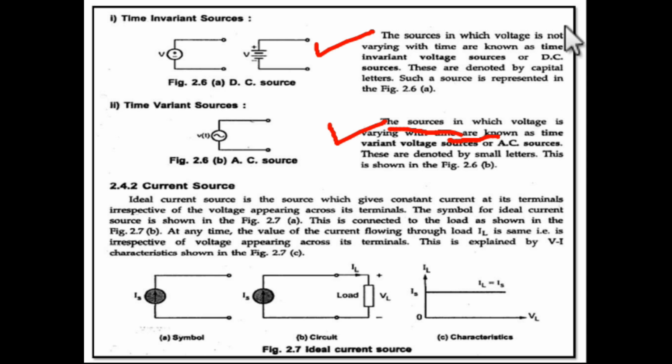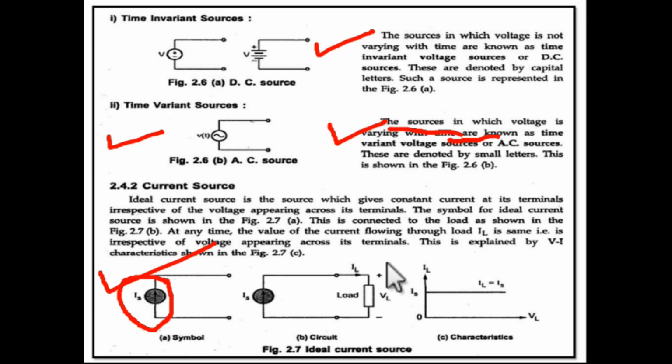So these are denoted by capital letters. This is a DC voltage source because the magnitude is constant, it is not changing with respect to time. Also the direction is constant. But in case of an AC voltage source, the magnitude and direction both are changing with respect to time.